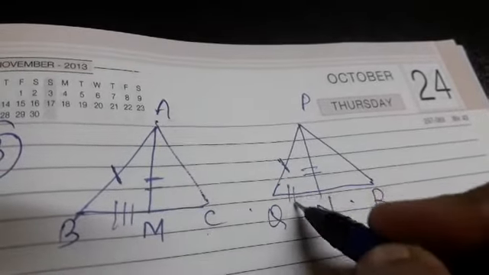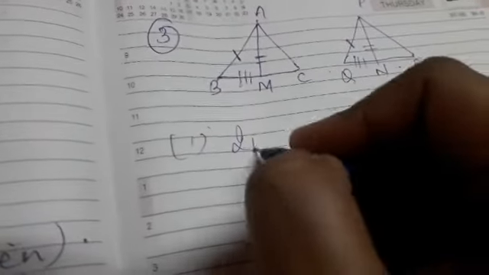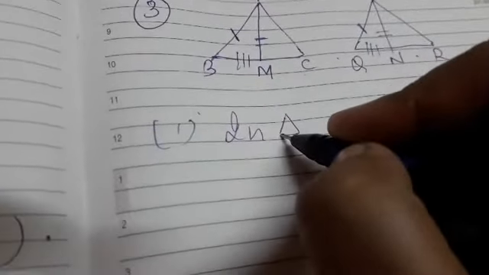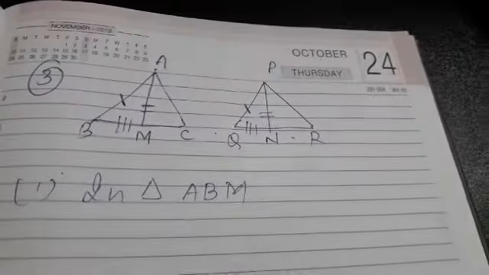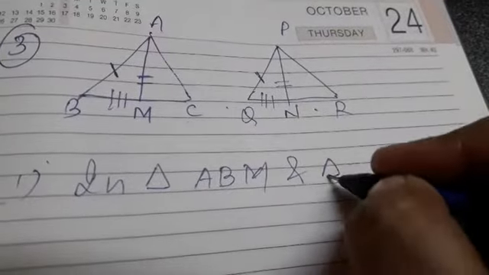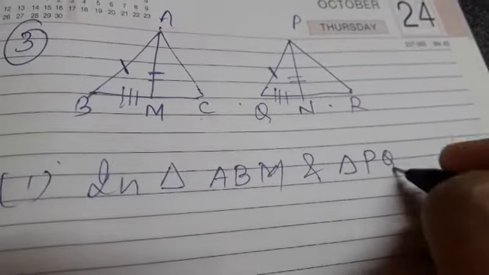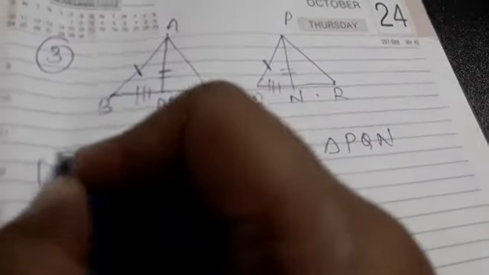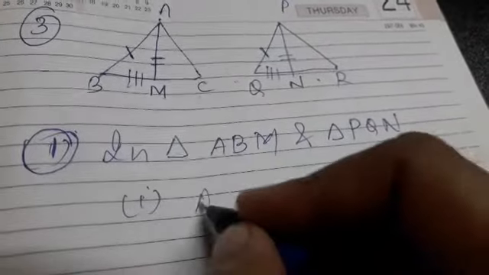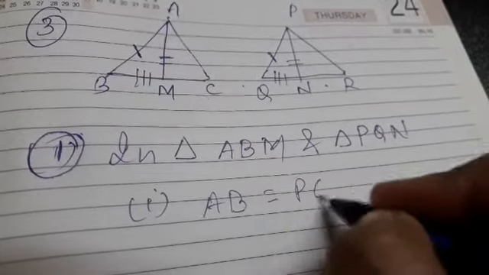Now very simple, the first part is in triangles ABM and PQN. Number one, AB is equal to PQ, which is given.